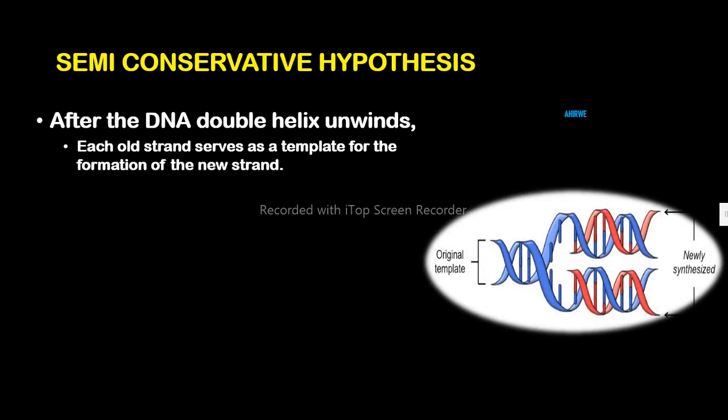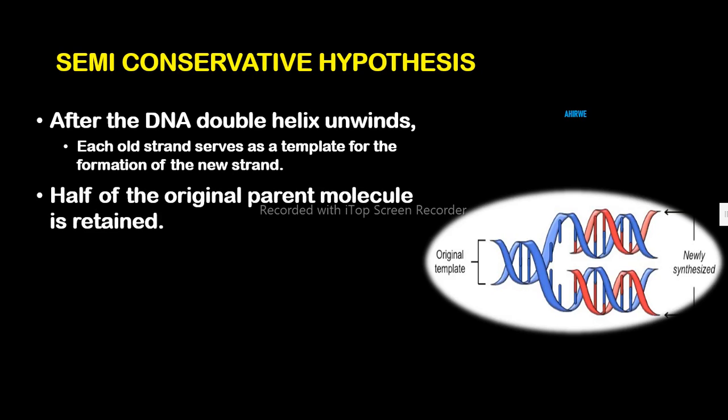Now, after forming that new strand, it won't diffuse or come out of the DNA. No. The new strands which have been formed are retained within, and they bind with the old template strands. And the newly formed DNA is going to be half the original strand and half the new strand that has been formed.